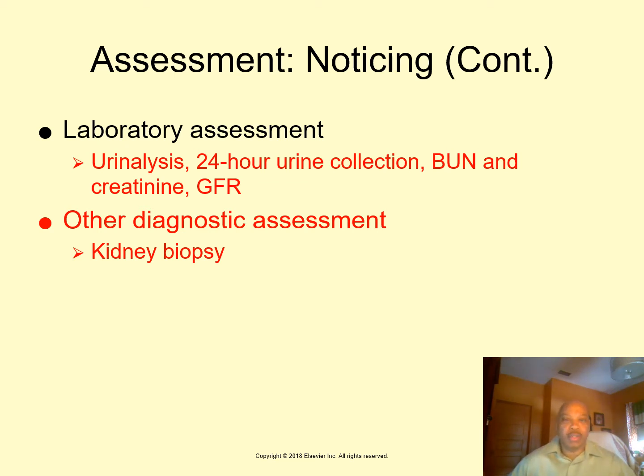And of course, this particular specimen can be more revealing than if you wait too late. A 24-hour urine will show an increase in protein excretion. Remember, you should only have a very small amount of protein in the urine, but the 24-hour urine specimen will show an increase in protein excretion.